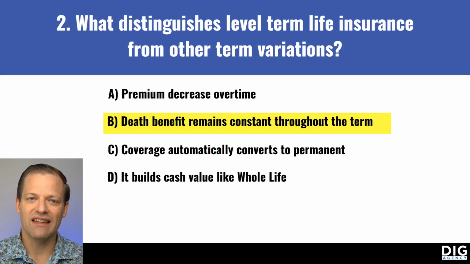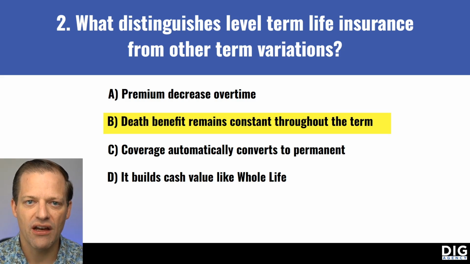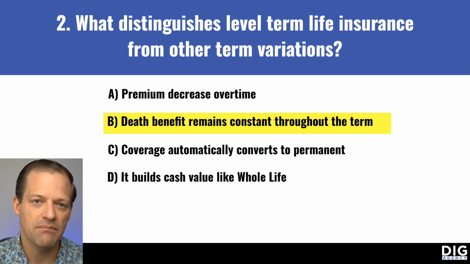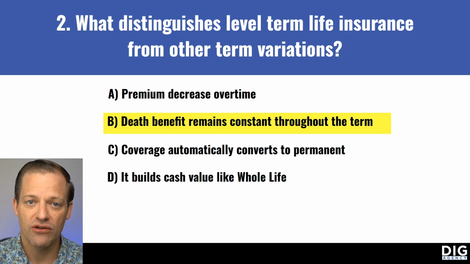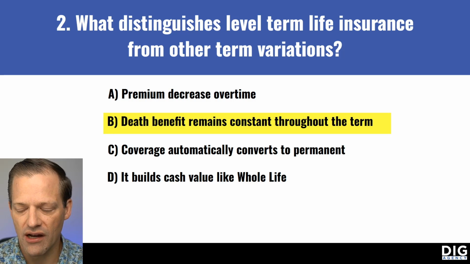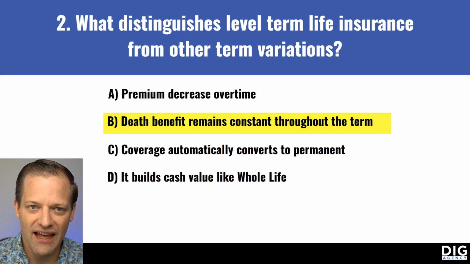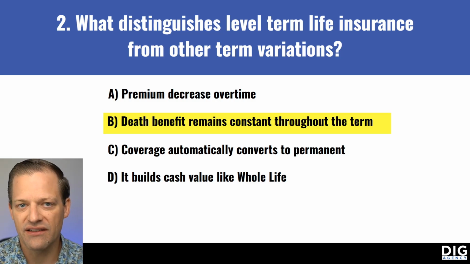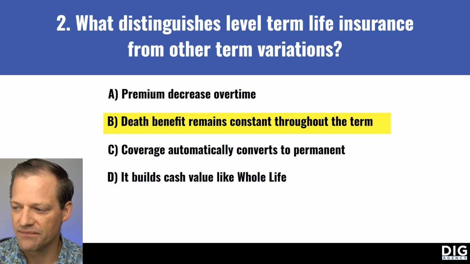So when you hear level term, level typically refers to the amount of coverage, also known as the death benefit, that the beneficiary, the person receiving the money, gets after the insured person, who you took the policy out on, dies, right? So if you have a level term, then that death benefit remains the same, because there are plans that do decrease over time. Those are called decreasing term insurance.